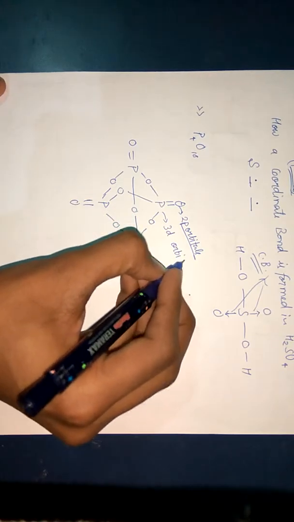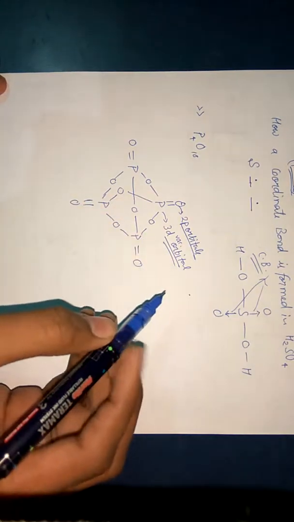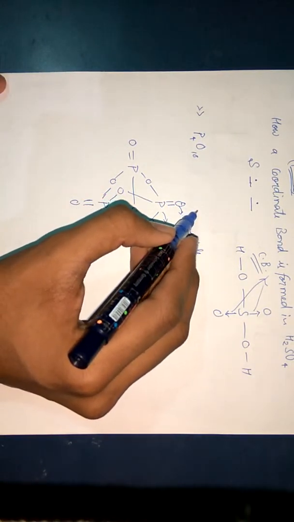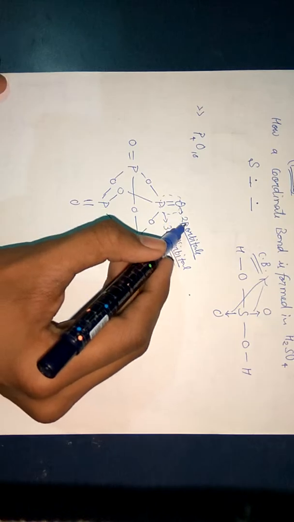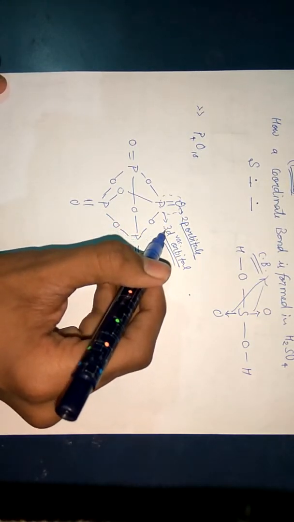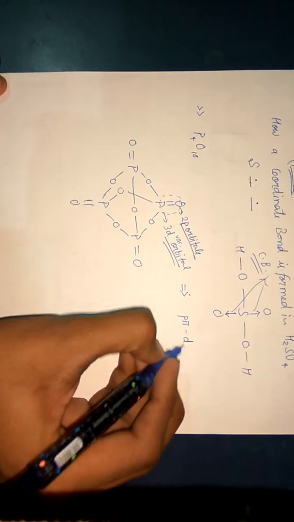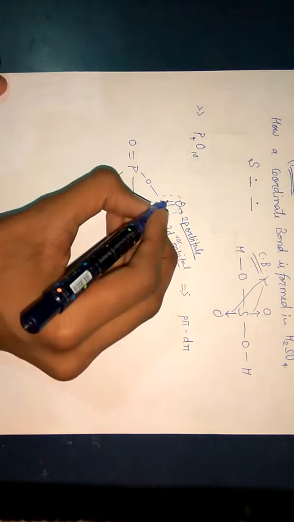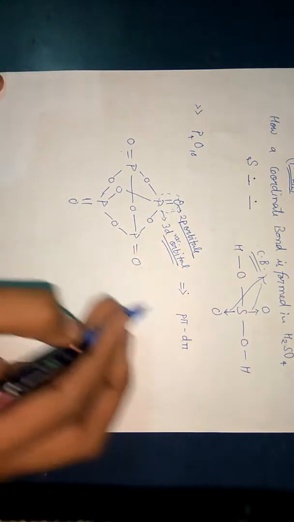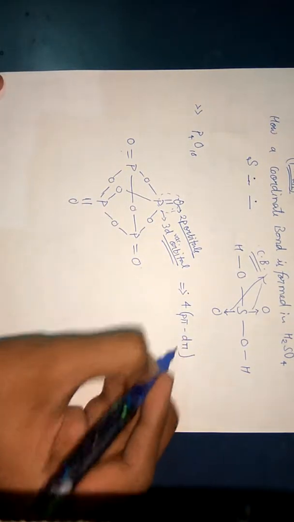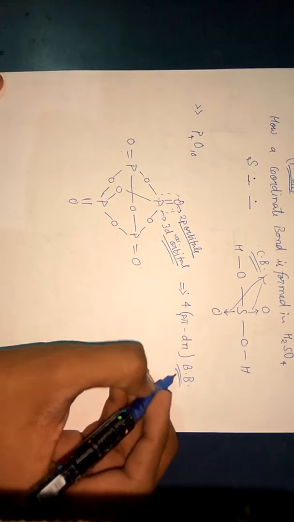Similarly, as in the previous case, if you focus on this P=O bond, it involves oxygen's p orbital and phosphorus's d orbital. That represents p pi d pi, and pi is put here because these double bonds represent pi. So there are 1, 2, 3, 4 total p pi d pi back bondings present in P4O10.